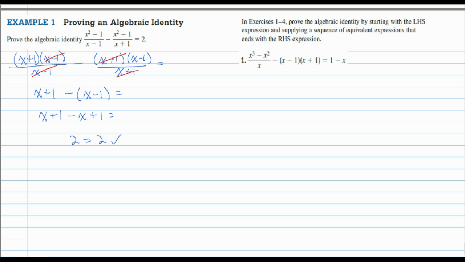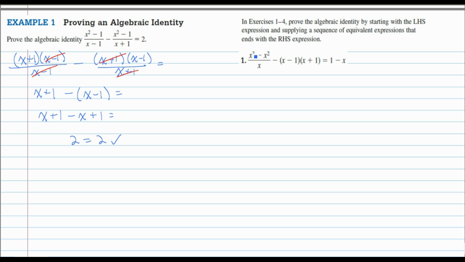Let's try another one. Exercise 1. In exercise 1, in the numerator, I see x cubed minus x squared all over x minus, oh man, this is just so messy. Now, keeping the end in mind, that right side has no denominator. So first, let's see what I can do with this denominator.